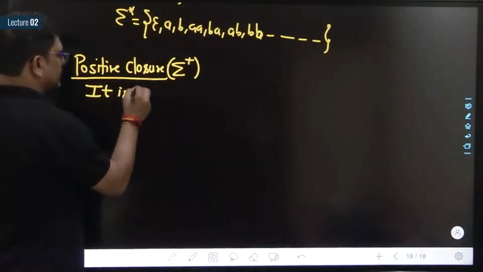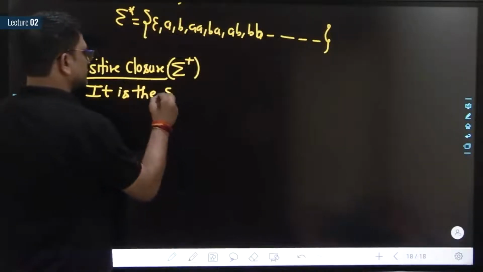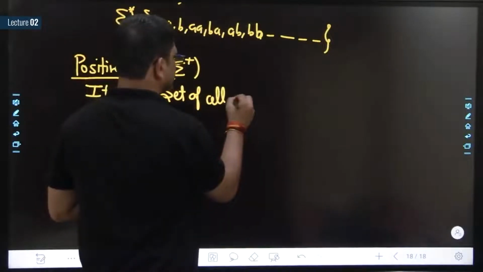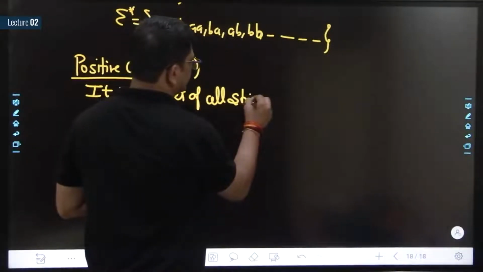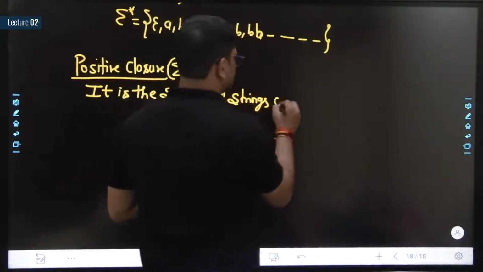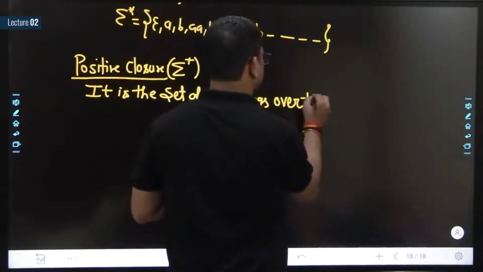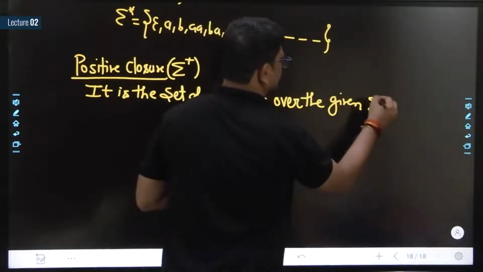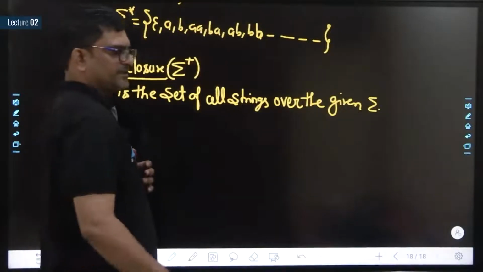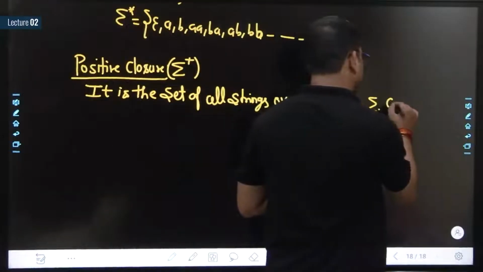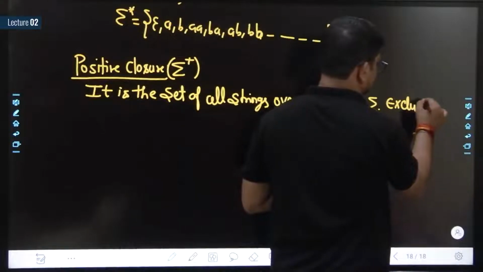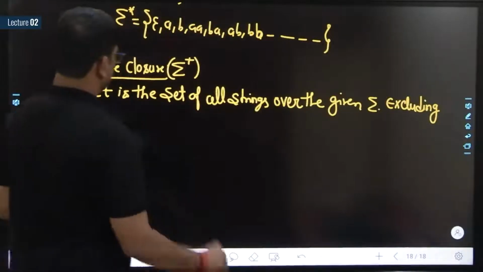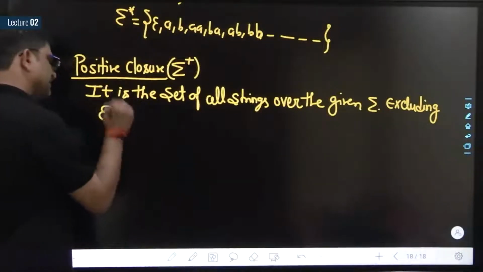It is the set of all strings over the given alphabet, excluding epsilon or null string.